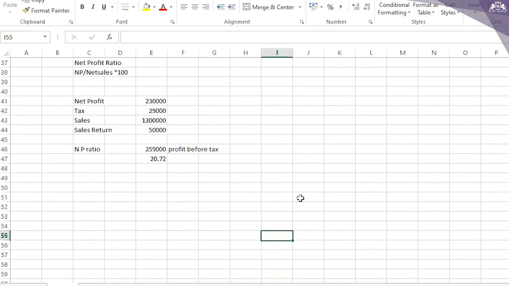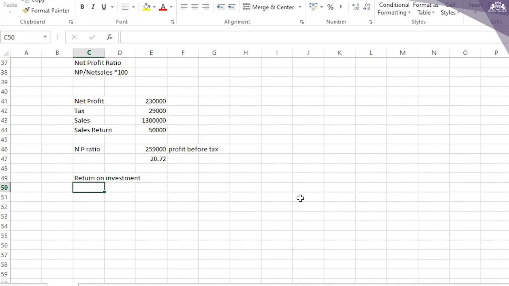Now, the most important operating profitability ratio is return on investment. Whenever I put in my capital, whenever I start to do business, I need a good return on my investment.